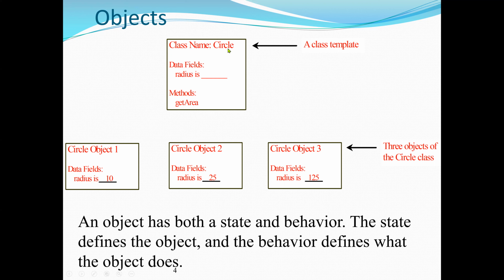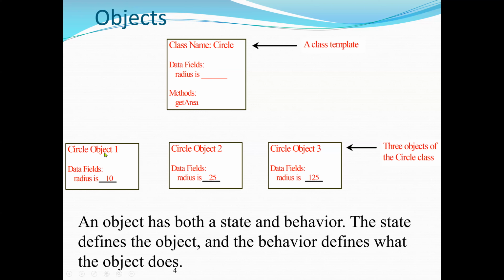So again, here we have a class named Circle. And as we said, every class consists of two things: the data members or data fields, and the methods, which will be the behavior. So we have radius and we have get area. Now we end up creating three objects from our class named Circle.